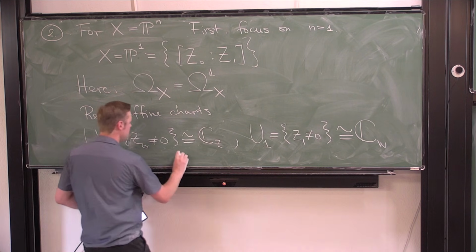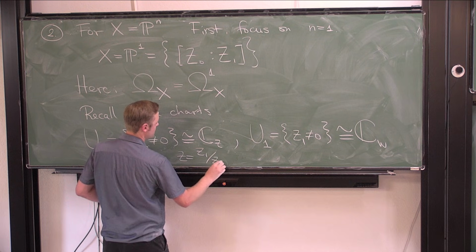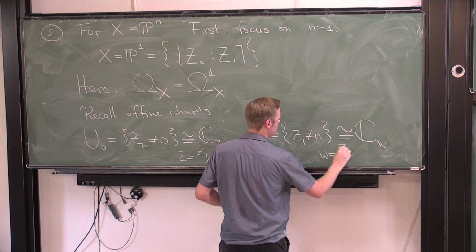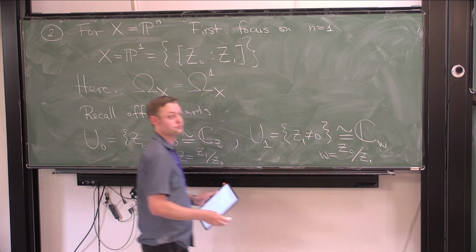Z was just Z1 over Z0, and W was Z0 over Z1.